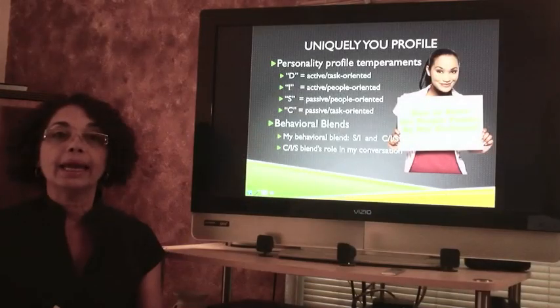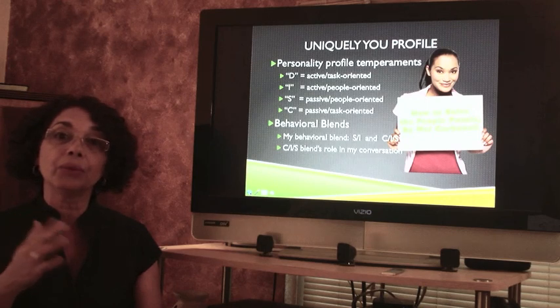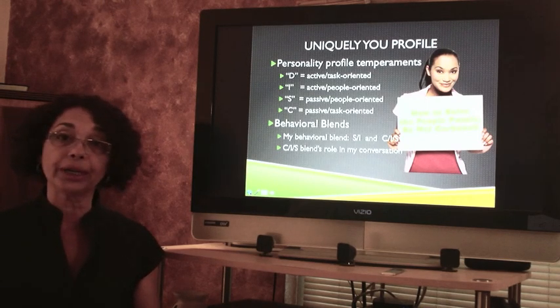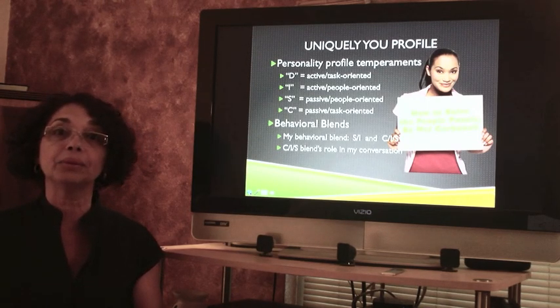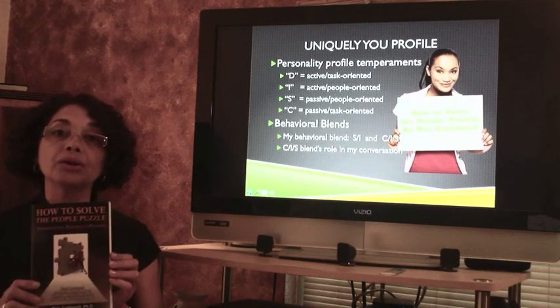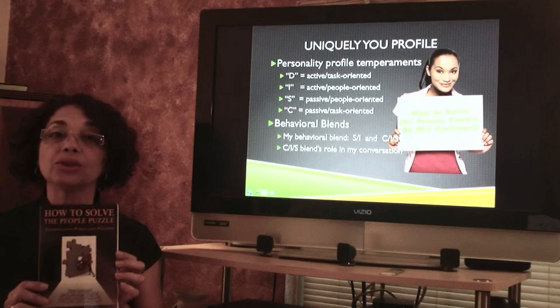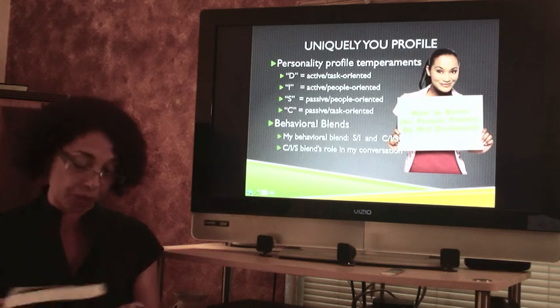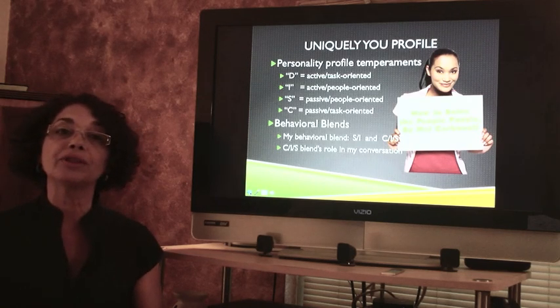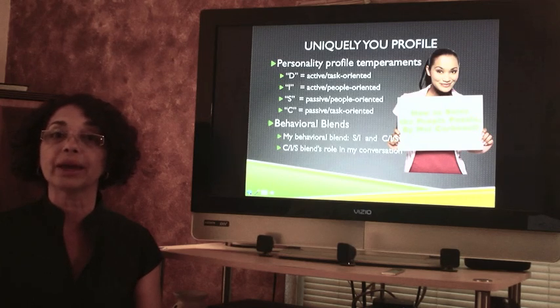Next slide. An excellent resource that we utilize in this course early in the class is the book by Mel Caronel, How to Solve the People Puzzle. There are four major types of personalities or temperaments that define who we are. First, we have the D personality, which is characterized by a dominating, demanding, determined, and decisive personality.